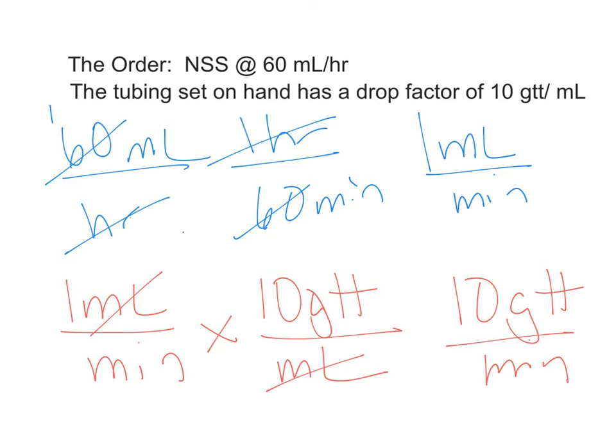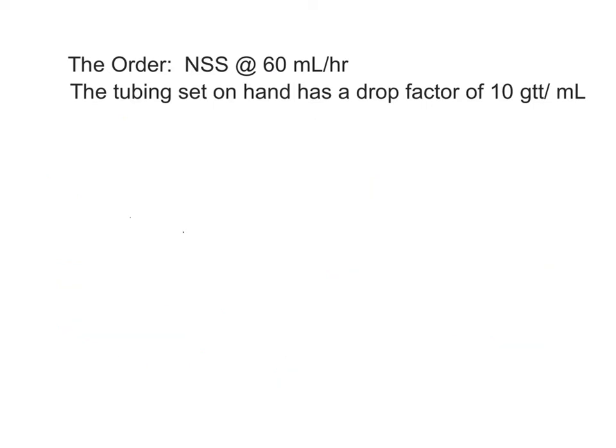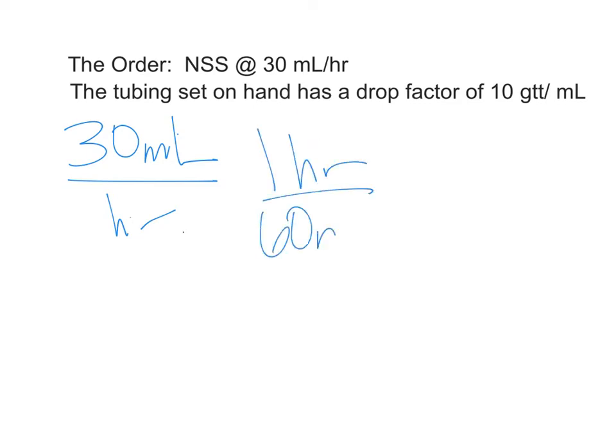So let's get rid of that. Now our rate has changed to 30 mLs per hour, and this might be like a keep vein open rate. Same tubing set, 10 drops per ml. At this point you should be getting ever so slightly bored. 30 mLs per hour. An hour has, hold on, 60 minutes, we know that. So cancel this, cancel that.